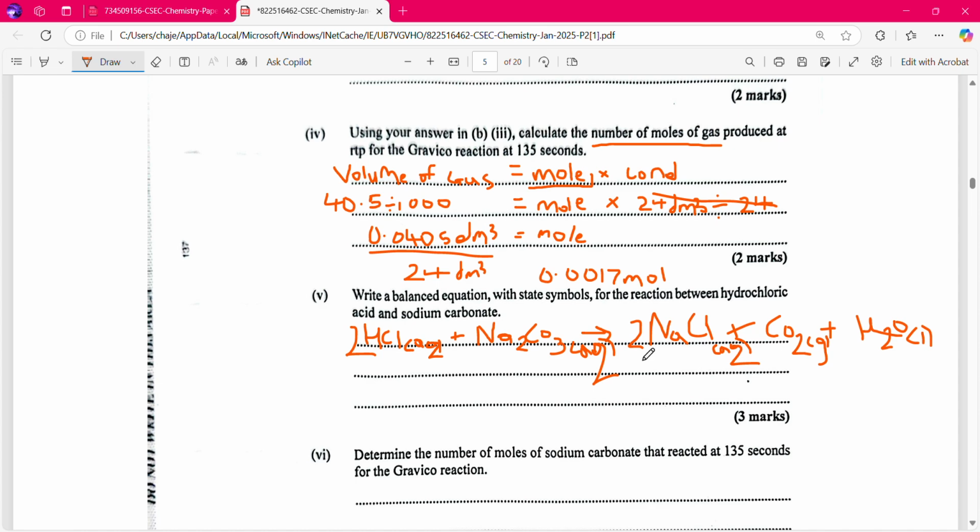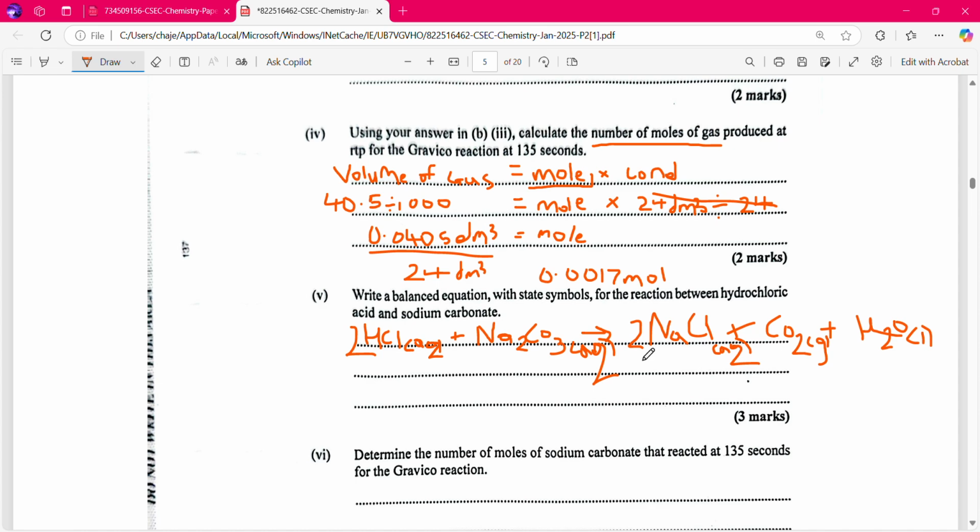Guys, whenever you're doing balanced equations, always try to balance the metals first. They're always the simplest to balance. So your metals, and you work your way across the periodic table. Then the second to last thing that you balance would be the hydrogen, and the last thing is the oxygen.